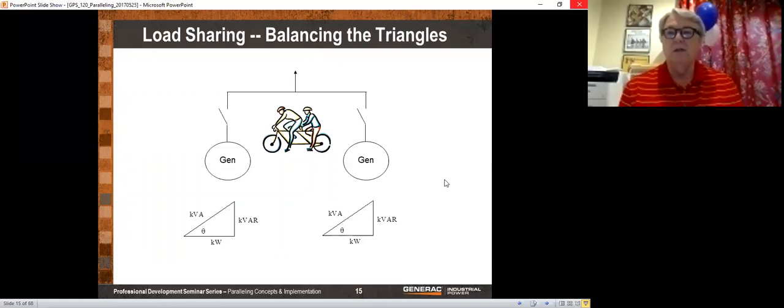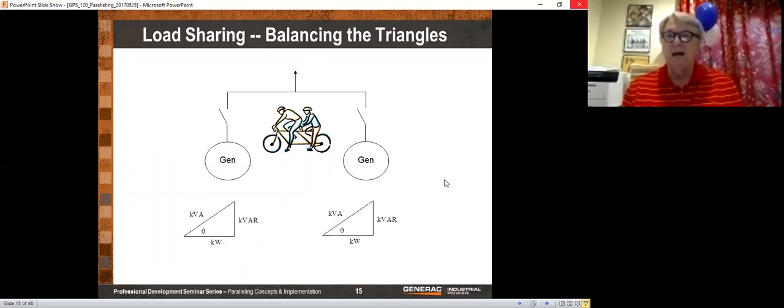The governors in each of those generators have to constantly adjust themselves as the load changes to make sure that, assuming there's 2 generators, as we see in this example, each of those generators are producing half the power. Now, what if one of the generators is 600 kilowatts and another is 300 kilowatts? Can you parallel those? Well, of course you can.